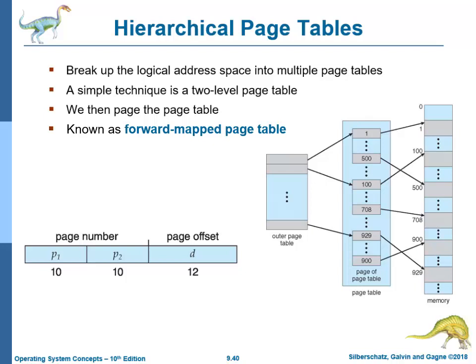The remaining 12 bits of the 32-bit logical address are the offset within the 4K frame. Because address translation works from the outer page table inward, this scheme is also known as a forward-mapped page table.